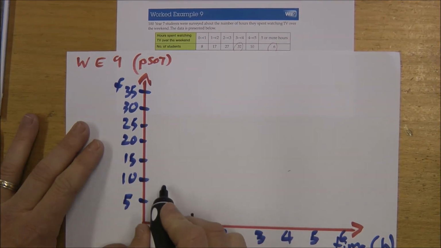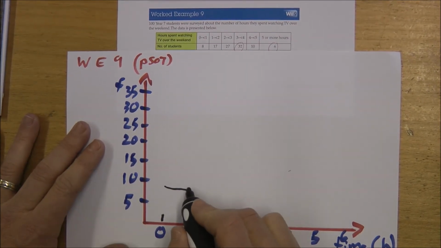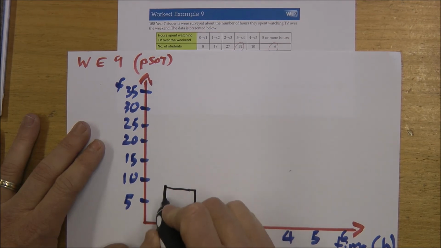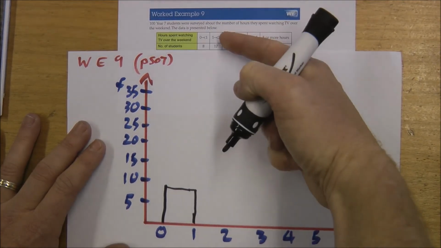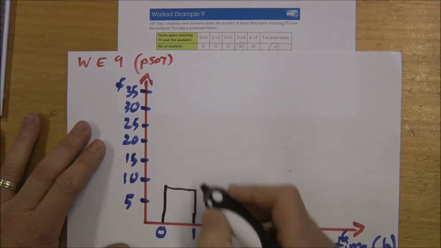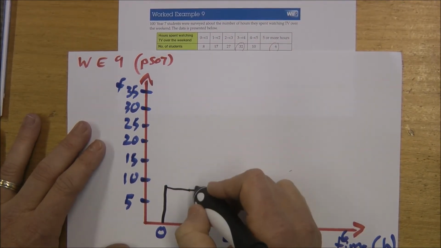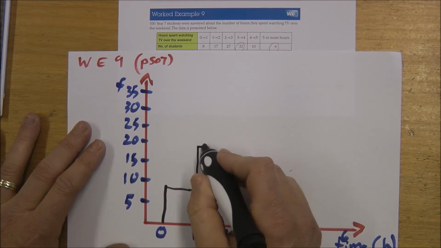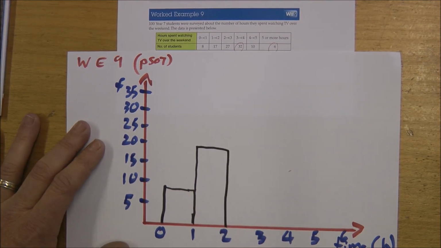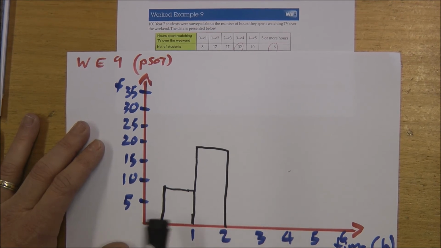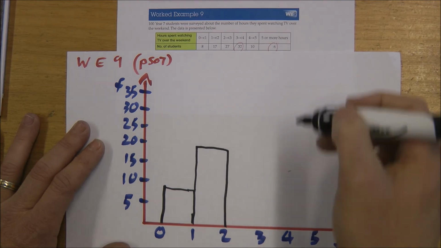So that would be up to there. And once again, you'd use a ruler and do this nice and neatly. 1 to 2 hours had 17 students. So that would take us up to, and you can see our data is continuous. So we're joining all the bars on our histogram together.